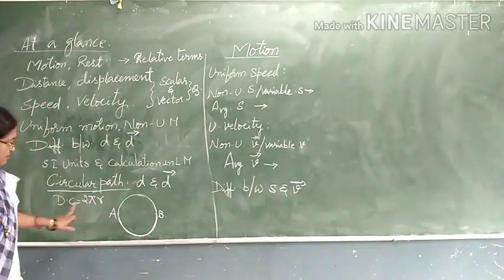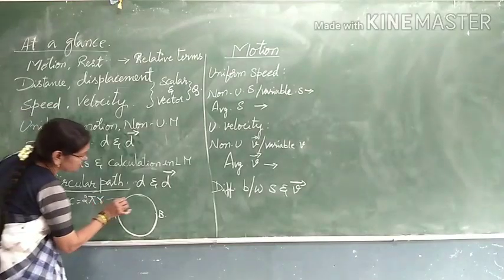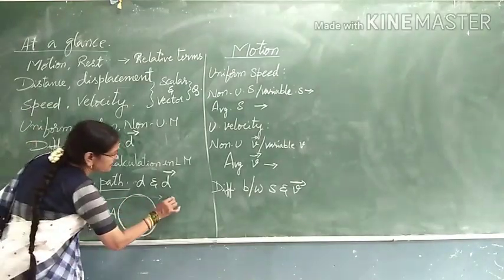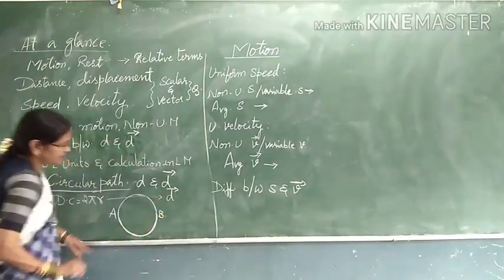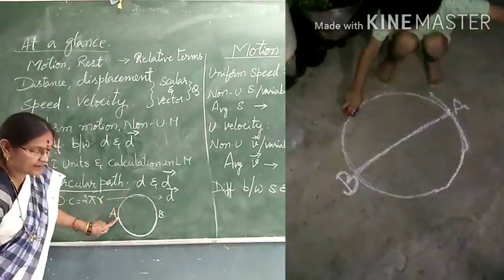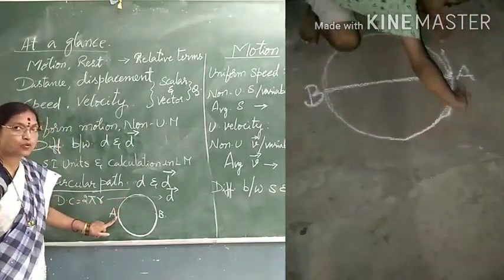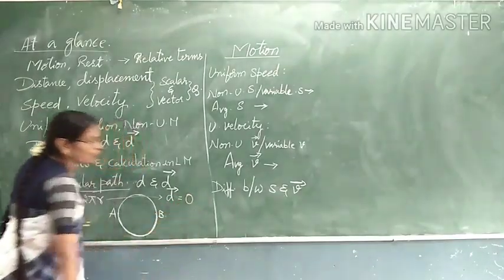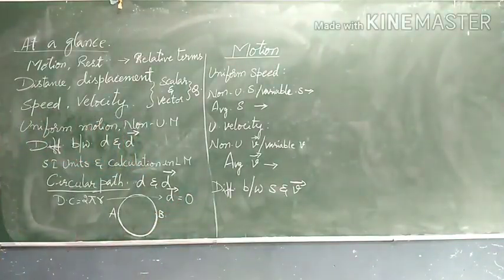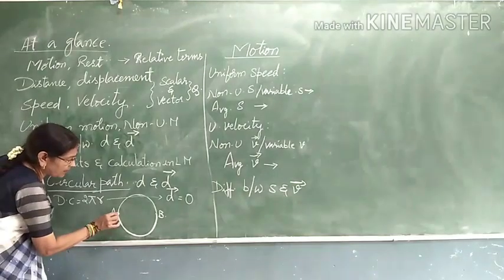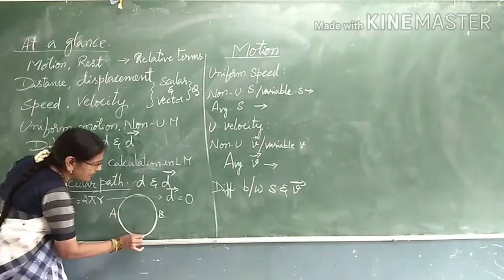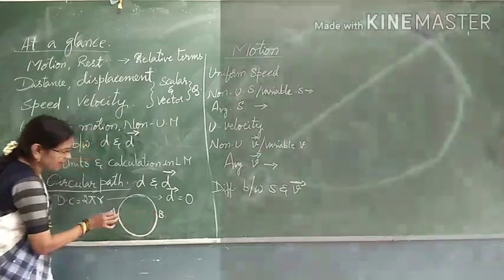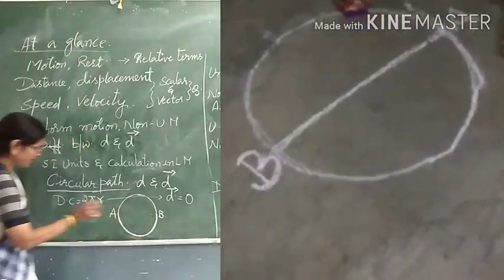Now what is the displacement? Since the initial position is A and the final position is also A, displacement is equal to 0.